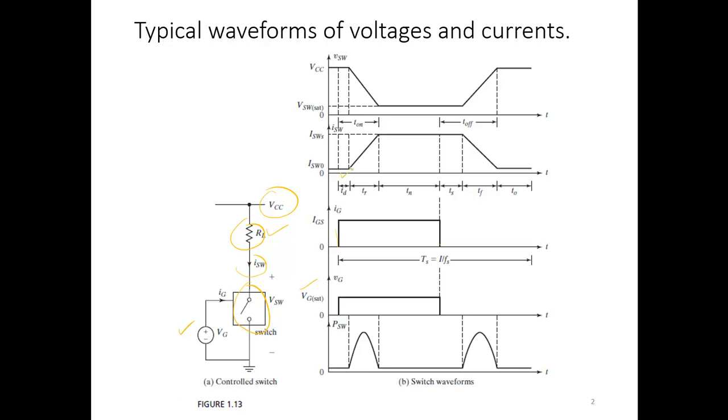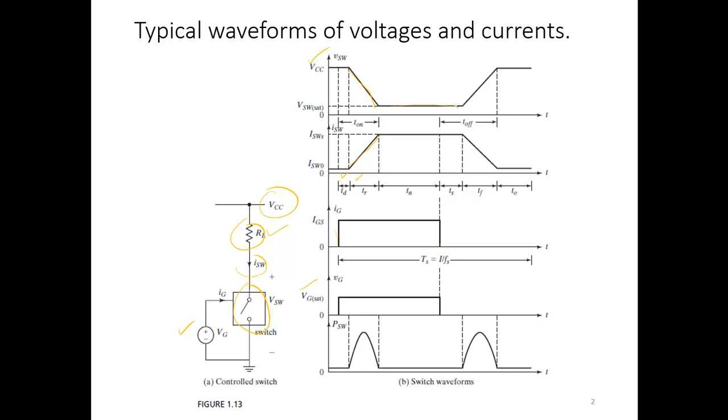There will be a delay time. After the delay time, as the current rises, the voltage across the switch will fall slowly. At the beginning, when the switch was off, the whole supply voltage was across the switch. Slowly the current will rise and the voltage will fall. This is typical of practical devices, but theoretically it would be instantaneous. There will be a delay time, a rise time, and then the device will be completely on.